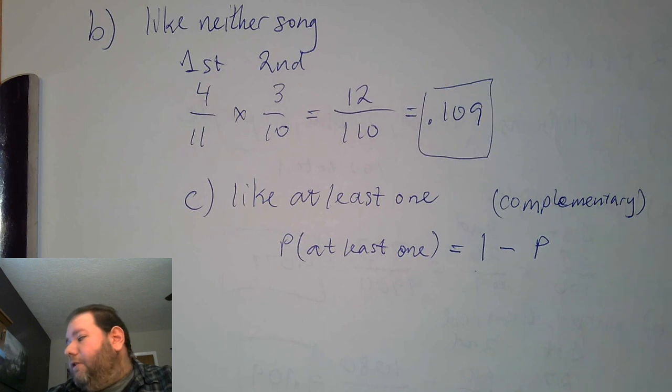It's not 7 out of 11. I'm thinking more generally. When we say that we like at least one song, what's the opposite of liking at least one song?